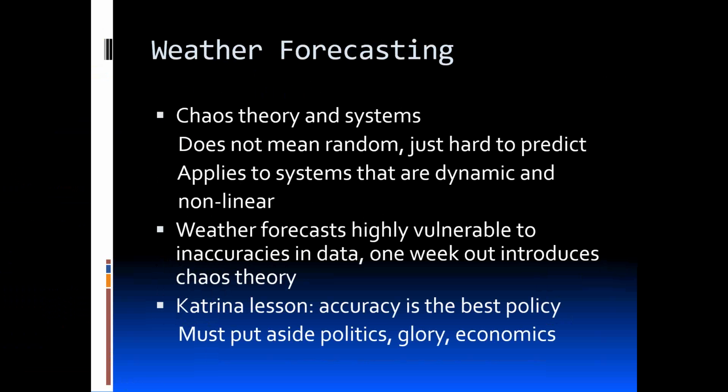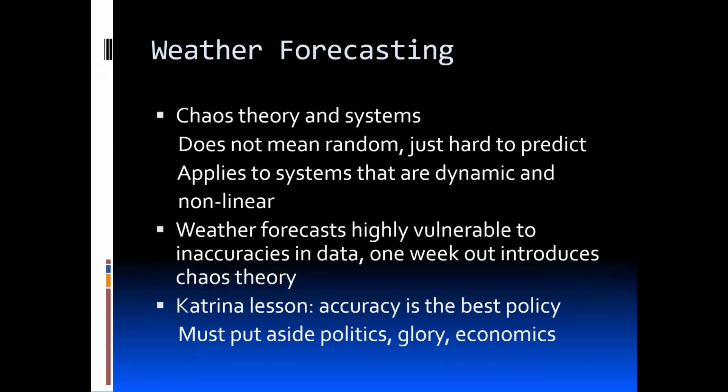It just means that in a system that is operating under chaos theory, it's very hard to predict what's going to occur. And so chaos theory applies to systems that are both dynamic and nonlinear. And I would argue that the spread, for example, of infectious disease approaches chaos theory. It's very hard to predict what is going to happen.